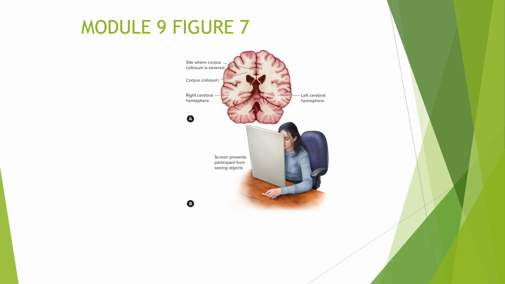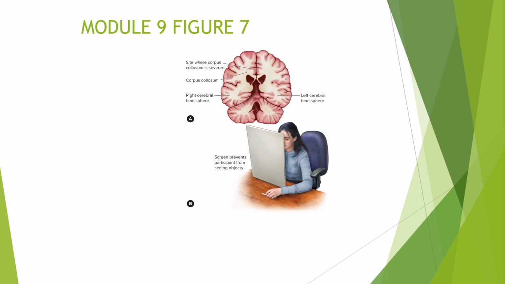They did research with patients where they would have them sit at a table and there would be a screen in front of them so that they could not see what was on the other side of the screen. But they would ask them to reach around and feel what was on the other side of the screen.